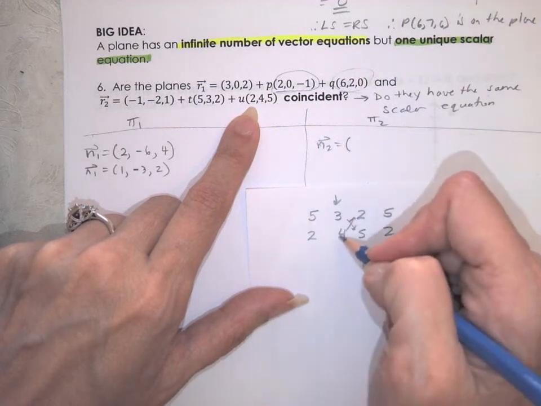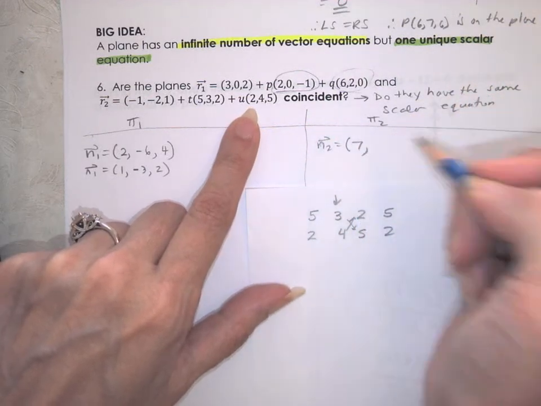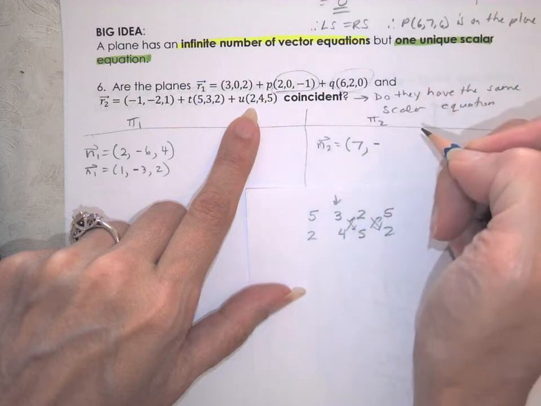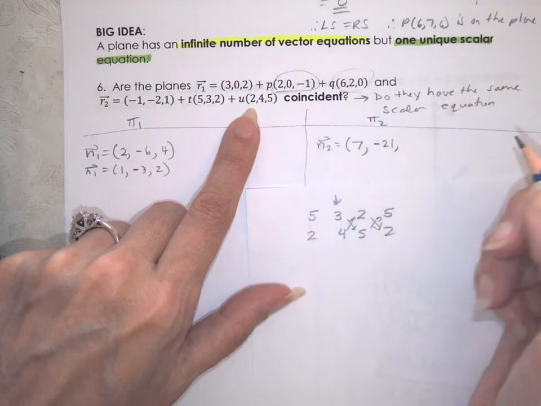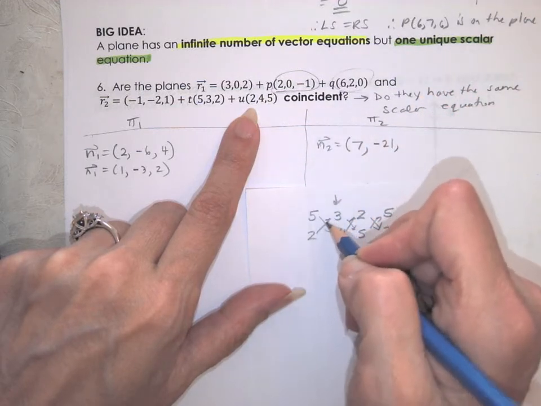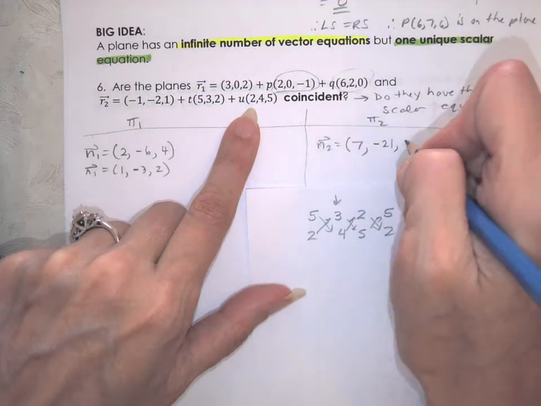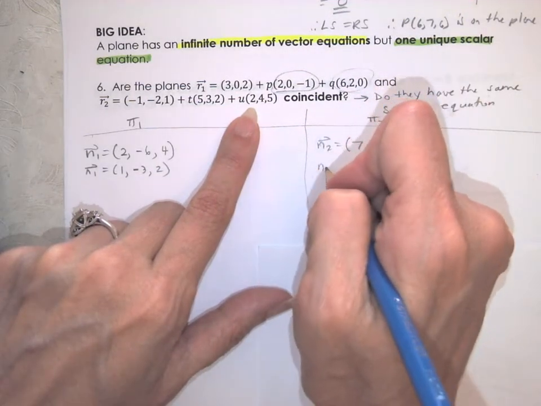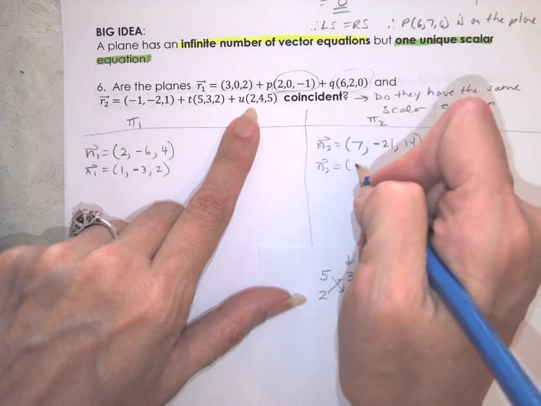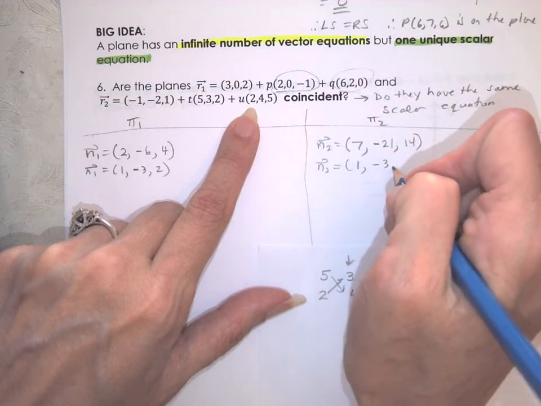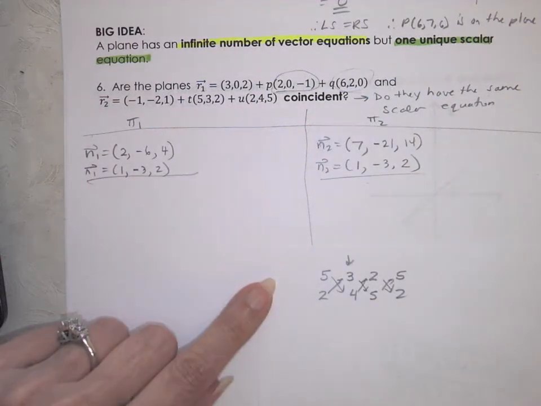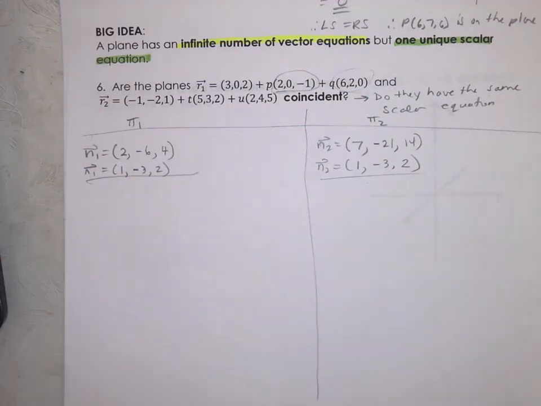So 15 minus 8 is 7. 4 minus 25 is -21. And 20 minus 6 is 14, which I can reduce. Everything's divisible by 7. So my n2 is 1, -3, 2. Now if we look at them, they've both got the same normal. So we would go further than that, okay?